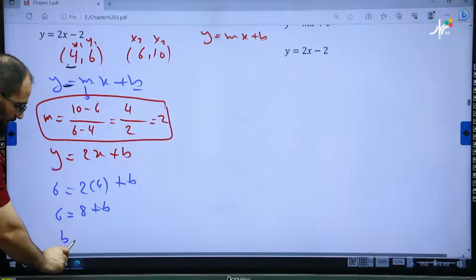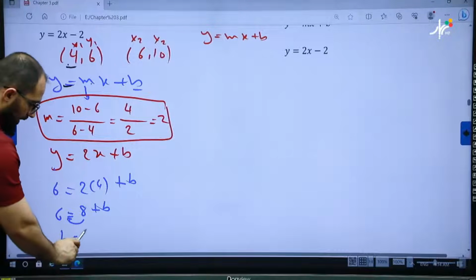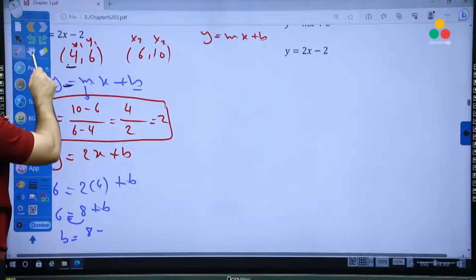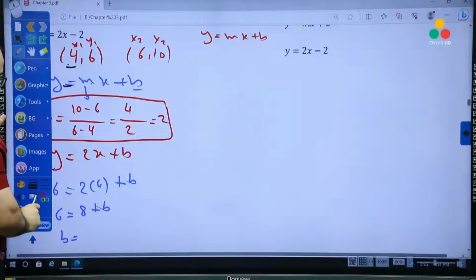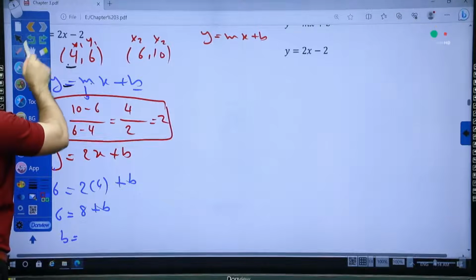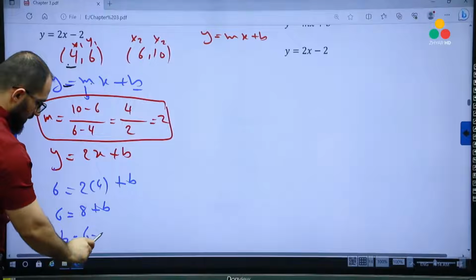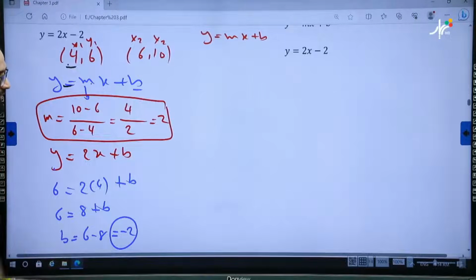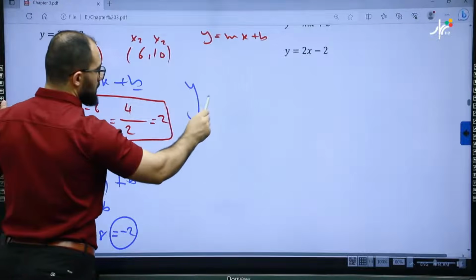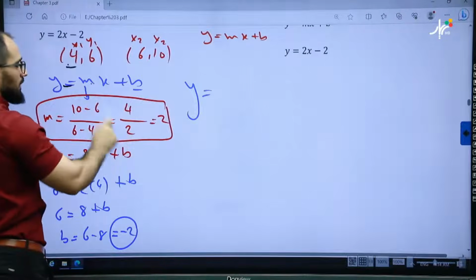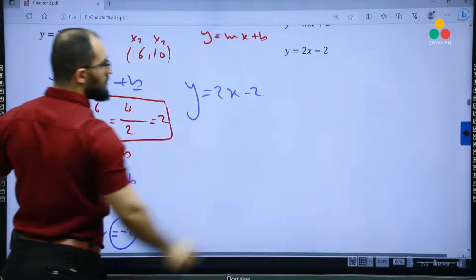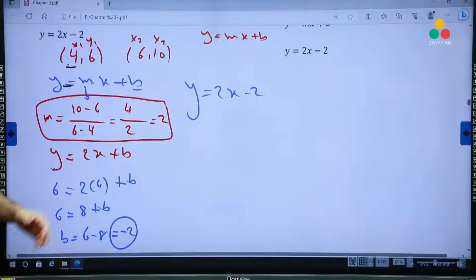It means b is equal to, move it to the other side, 6 minus 8, which is equal to negative 2. It means b is equal to negative 2. Then the equation is y equals mx plus b, it means 2x minus 2.